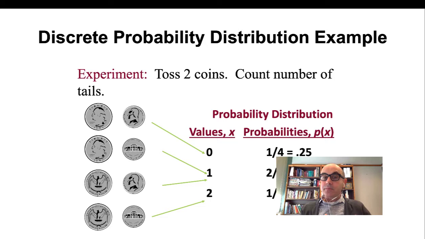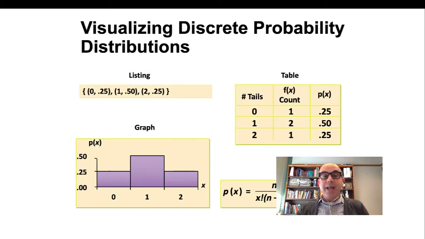In this case, in discrete probability, we will have a more accurate reading on it. So if the value of x is 0, we will know that it is equal to 0.25. If it's 1, we will know it's equal to 50.